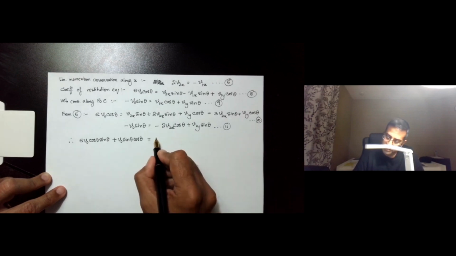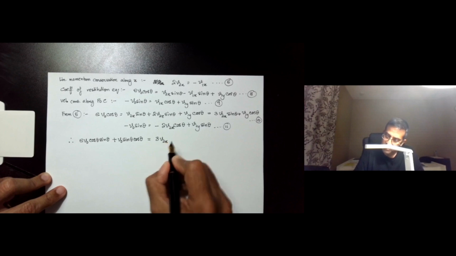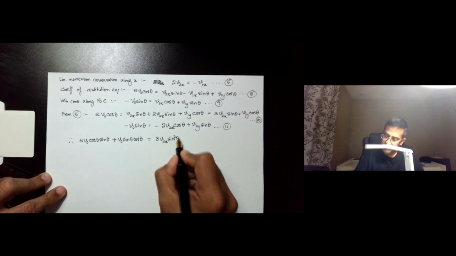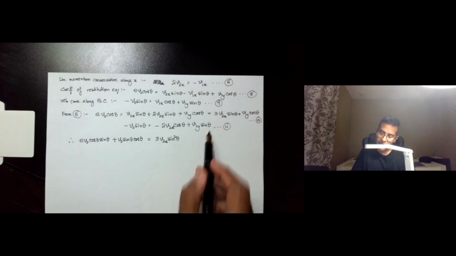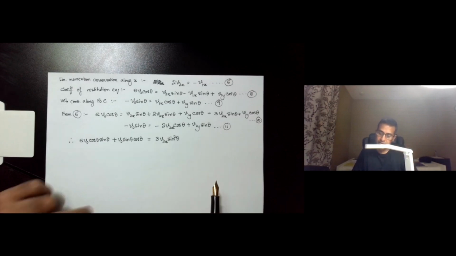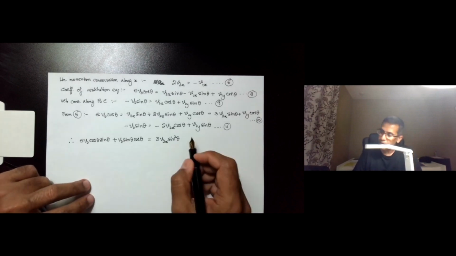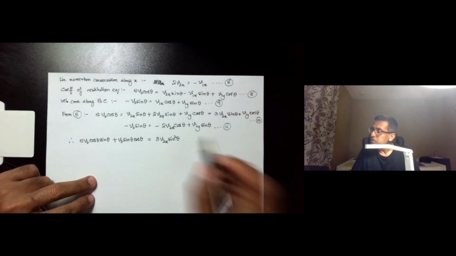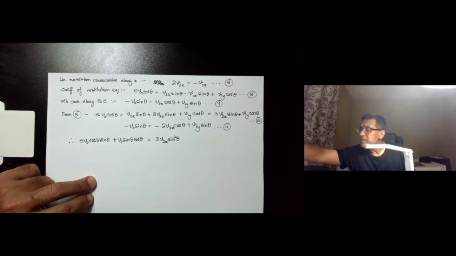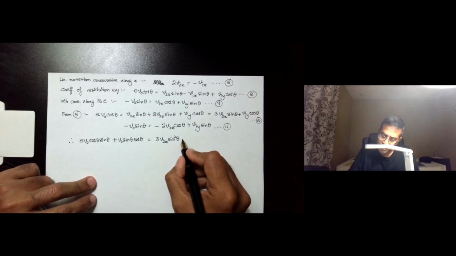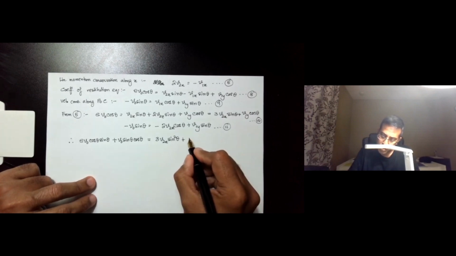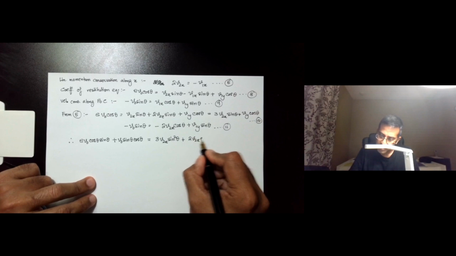That's going to give us 3v2x sine squared theta, plus v1y cosine theta sine theta, and then we subtract from that the right hand side of equation 11 multiplied by cosine theta. When we do that subtraction, we have plus 2v2x cosine squared theta.